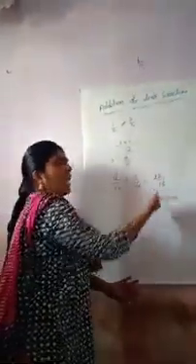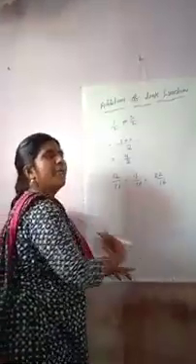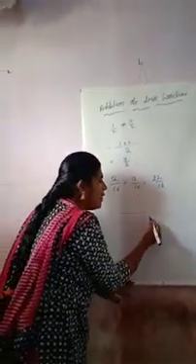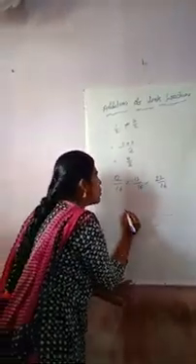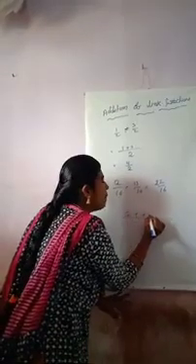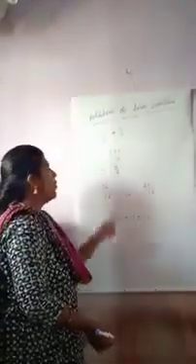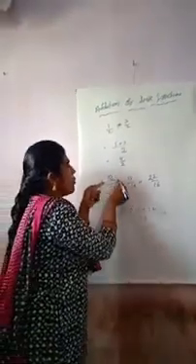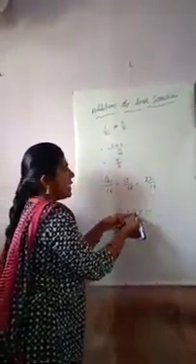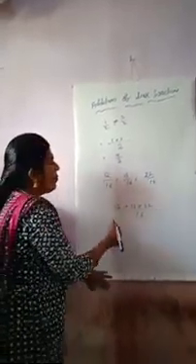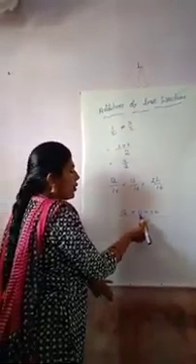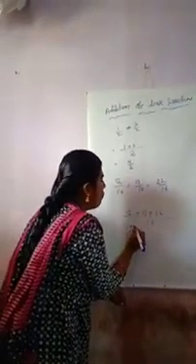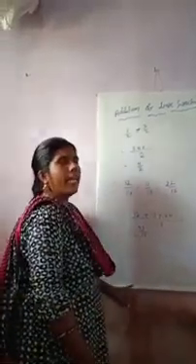So these are like fractions, and like fractions are easy to calculate. The denominator is the same, so keep it. Next, the numerators: the first fraction's numerator is 12, the second is 13, the third is 22. 12 plus 13, how much? 25. 25 plus 22, how much? 47 by 60. Okay. Next example.